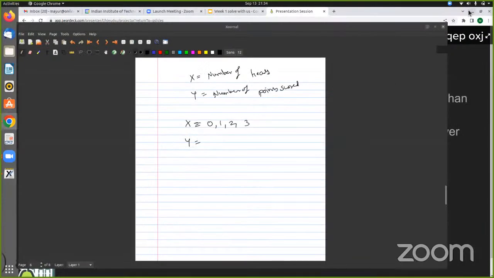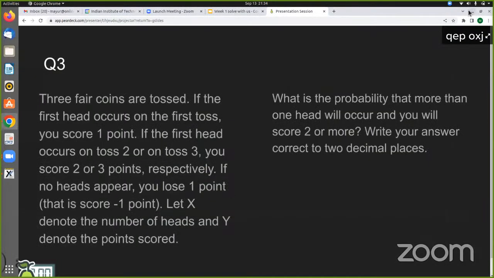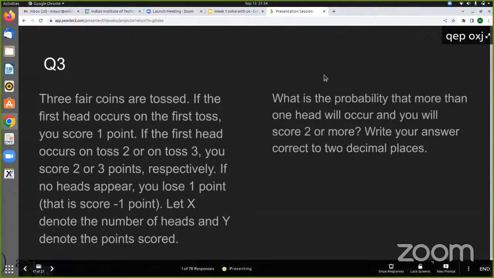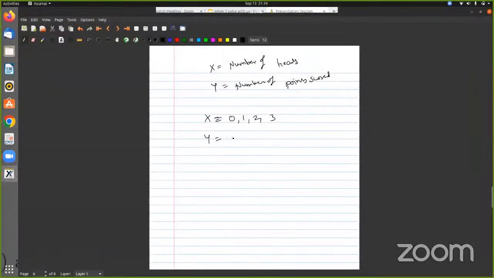Are you sure? If no heads appear, you lose 1 point. That is, you score -1 point. Okay, fine. So it will take -1, then 1, 2, 3. So your table will look like this, x and y.